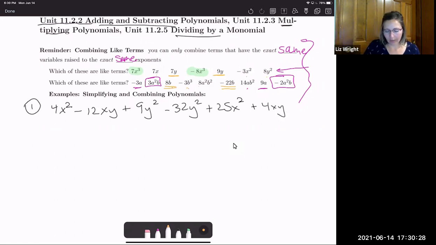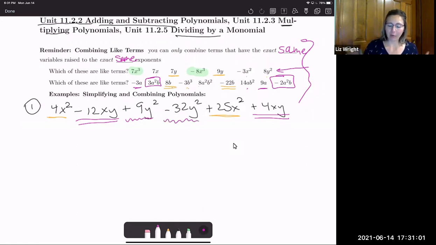What we're asked to do is look across that polynomial and say, do we have any like terms that we can combine? We do. We've got an x squared here and an x squared way over here. We have an xy term here, and an xy term way at the end. And finally, we've got our y squared terms. There's one right here, and then there's another one. Those are the terms that we can combine.